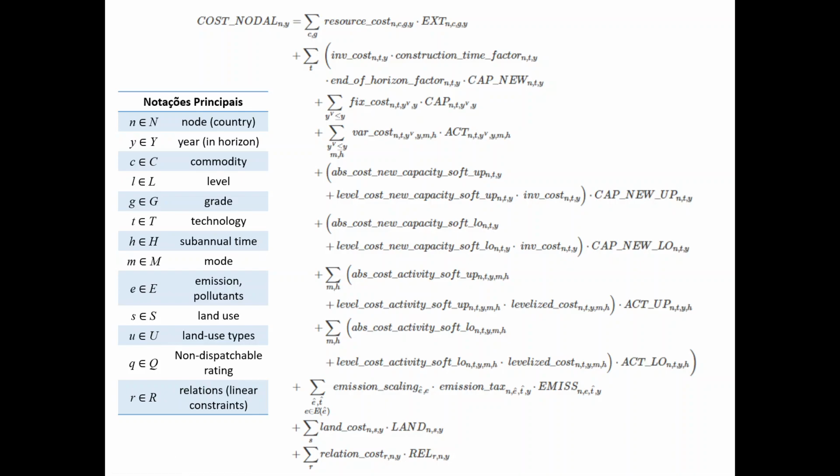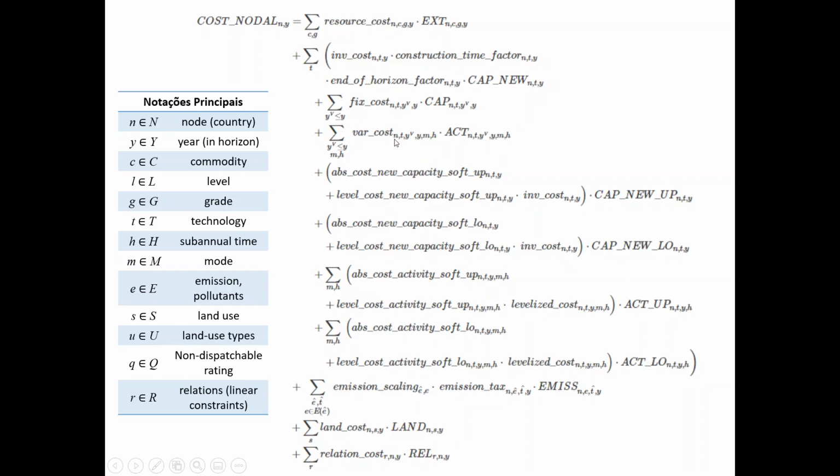You don't need to explain that the gas is coming from a different location. It costs more or less at different times of the year, but you can put in the subannual time steps. So during this month, the variable cost is different. And if you don't put in all this data, the model is not going to converge. So it's very important to know all the data that you need to give for all of these variables.